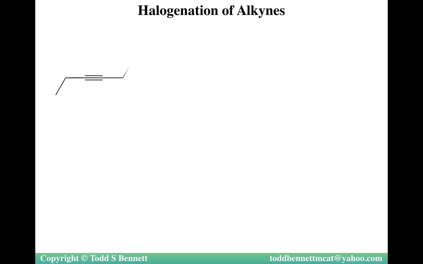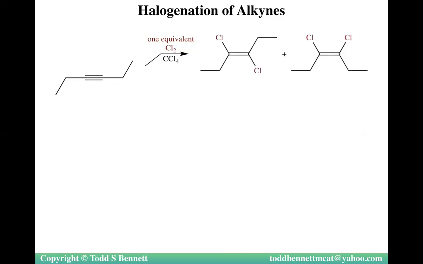Halogenation of alkynes. If I were to add Cl2, like we do to an alkene, then it will in fact add in a trans fashion, just like it does. But that can also rotate midway to form this. So keep in mind that if they're both trans, or both cis, you've done the same thing. But you end up with both those species formed.